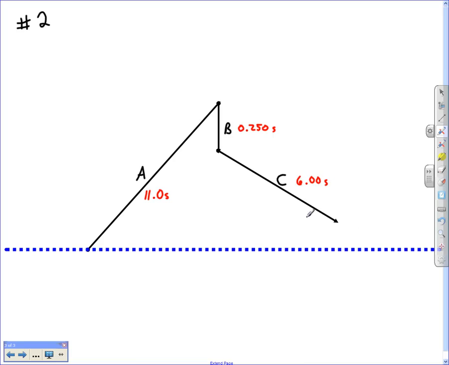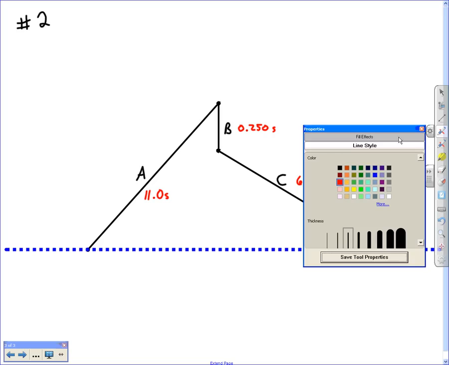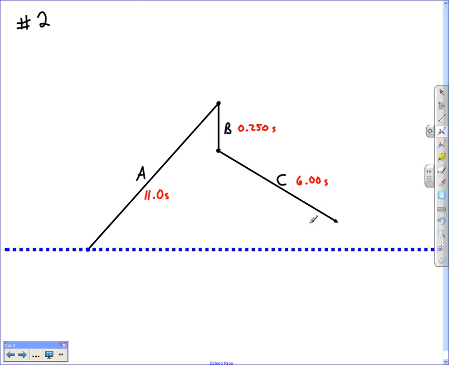Now with that information, we can go ahead and compile distances. It was stated in the beginning of the problem that the helicopter's velocity was constant, or I should probably say speed. The helicopter's speed is constant. The helicopter's speed is 4 meters per second.